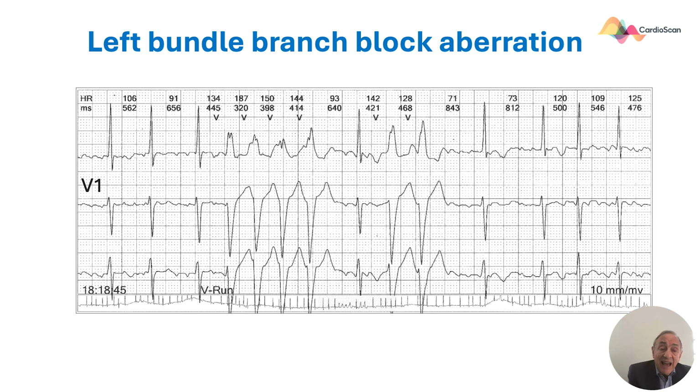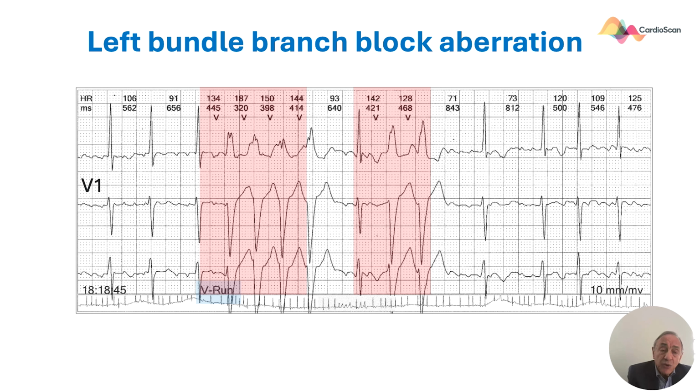Here is an atrial fibrillation with a rapid ventricular response, and you can see that it has a left bundle branch block configuration. It's called a ventricular run, and we really don't know if this is a ventricular run or aberrant ventricular conduction.